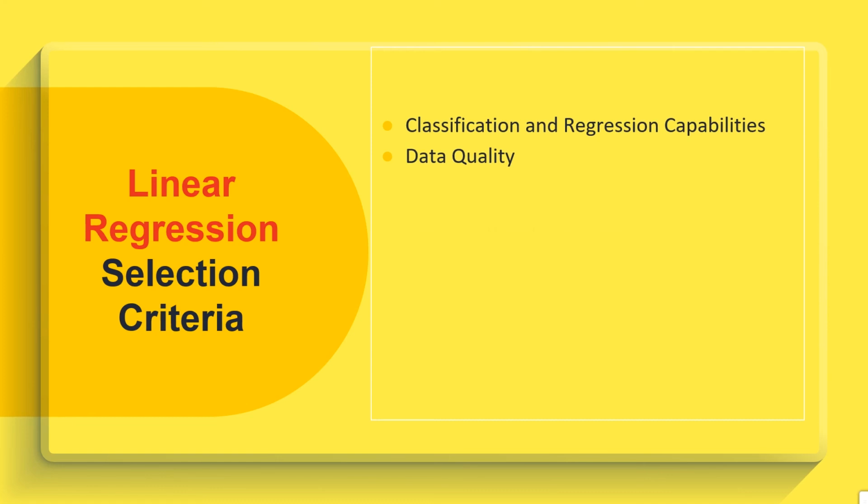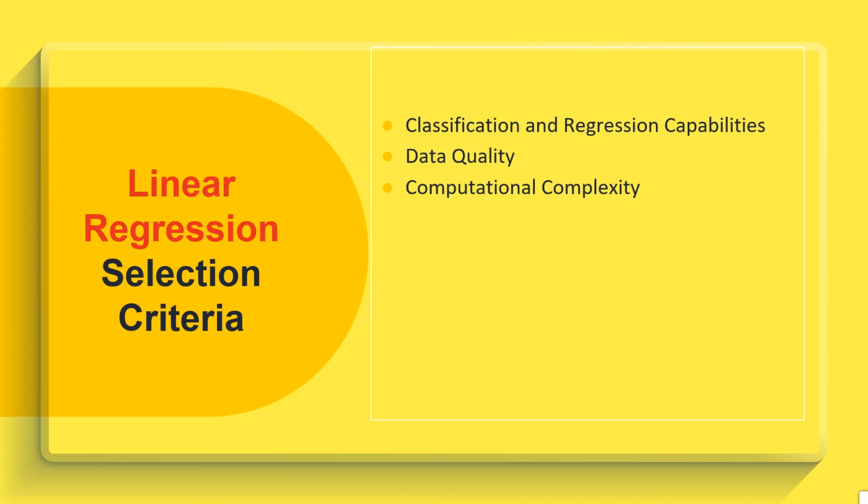Next is computational complexity. Linear regression is often not computationally expensive as compared to decision trees or clustering algorithms. The complexity for n training examples and x features usually falls in either big O of x squared or big O of x n.